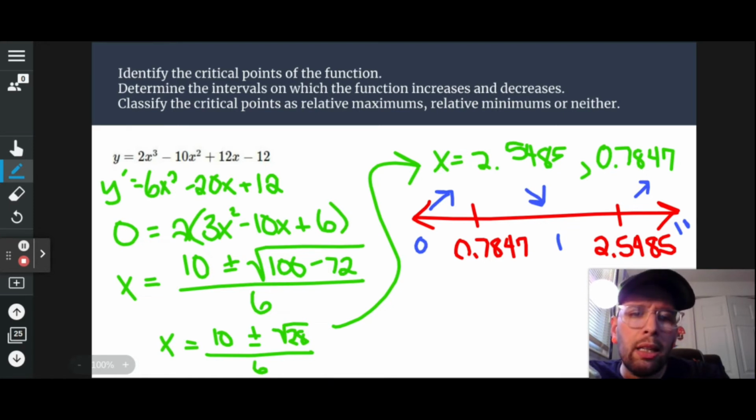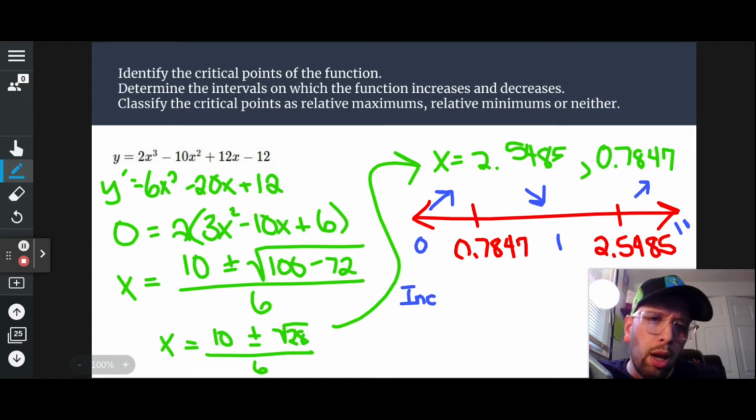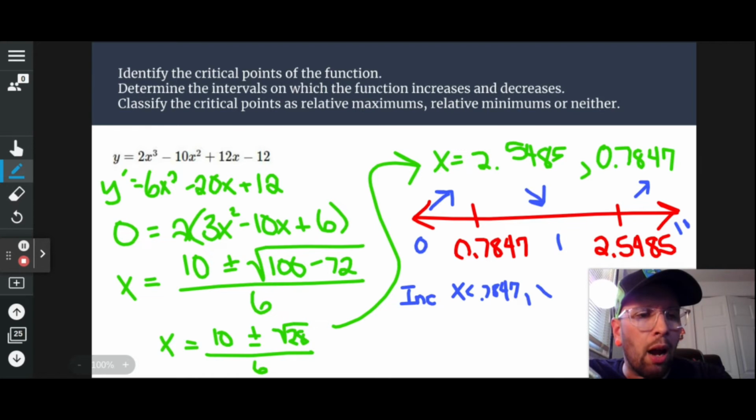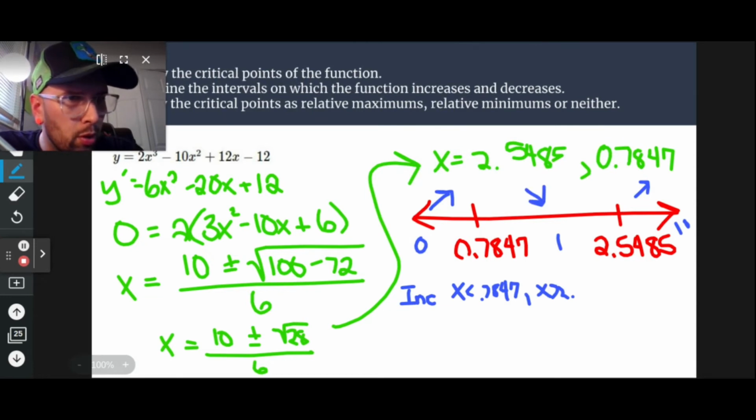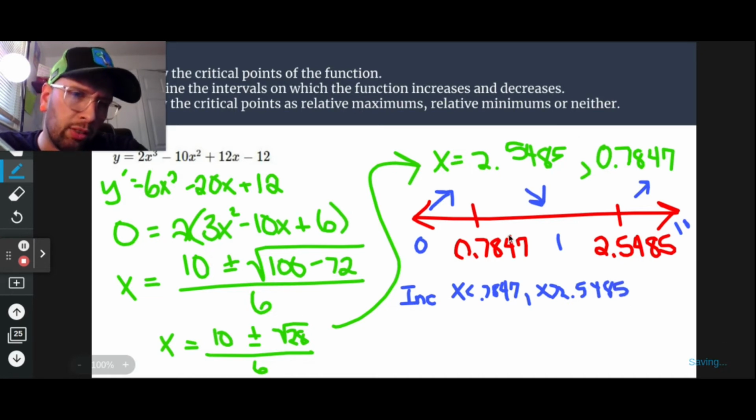So it increases all the way up until 0.7847 and then starts up again after 2.5485. We can see that's the case here, and that's the case here.